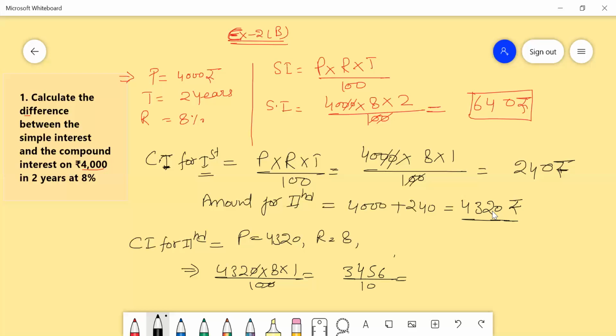When we calculate this, we get 345.6 rupees. That is the compound interest for the second year.